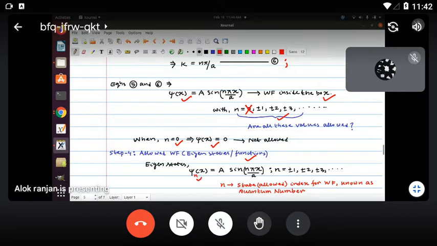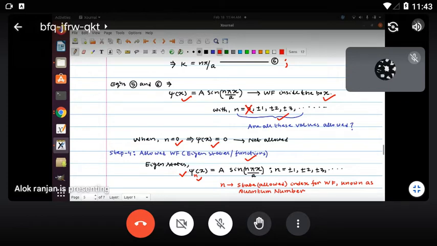This index n represents the state or wave function that is allowed. The psi_n(x) for any one of these values of n will be an allowed wave function. Hence, when we put n equal to plus minus 1, plus minus 2, plus minus 3, and so on, that will lead to your allowed wave functions, eigenstates or eigenfunctions.